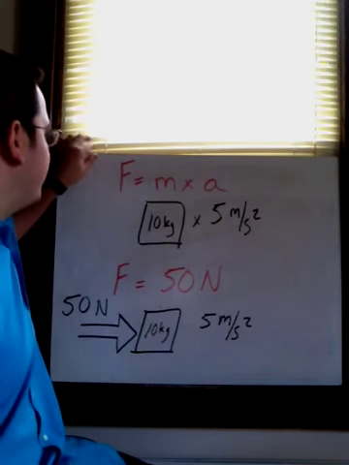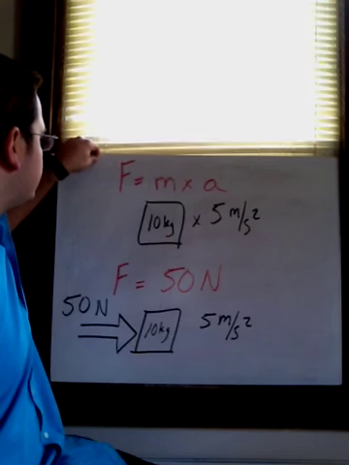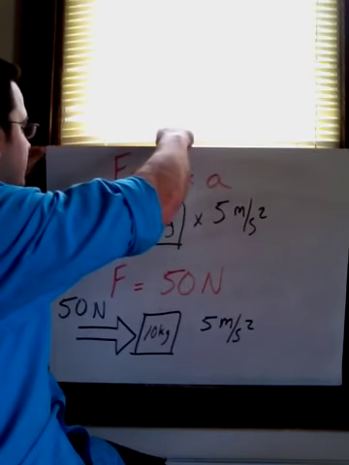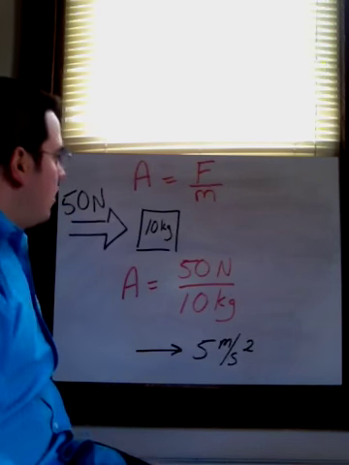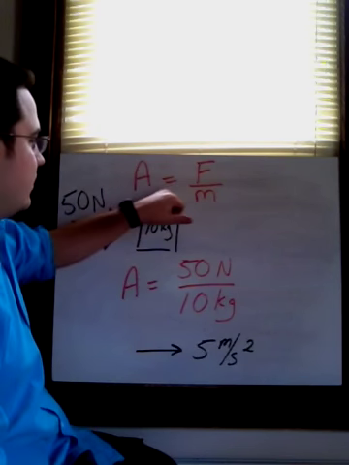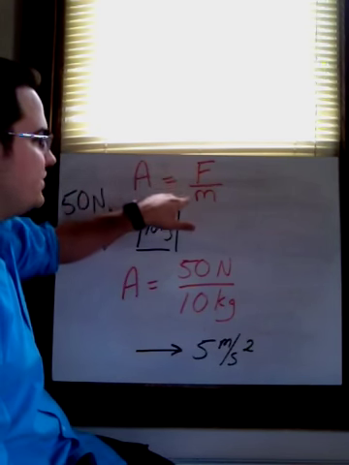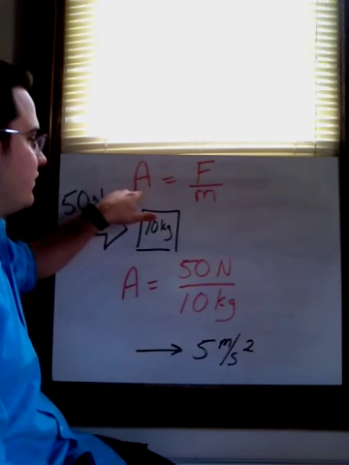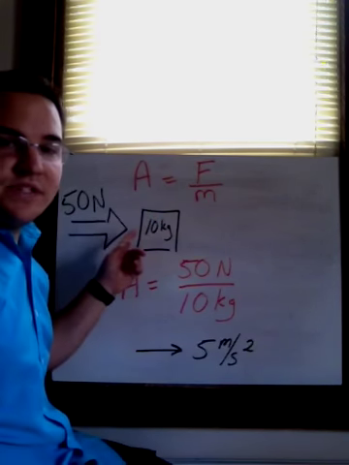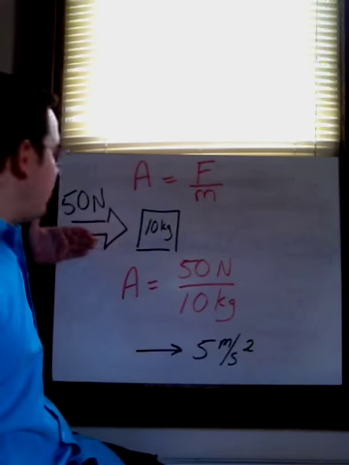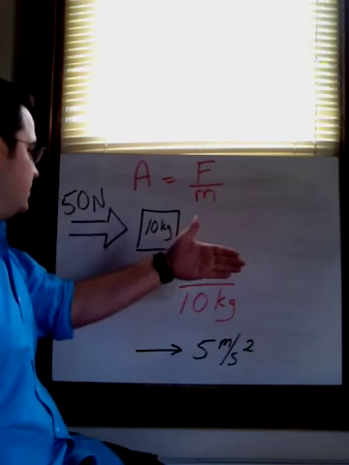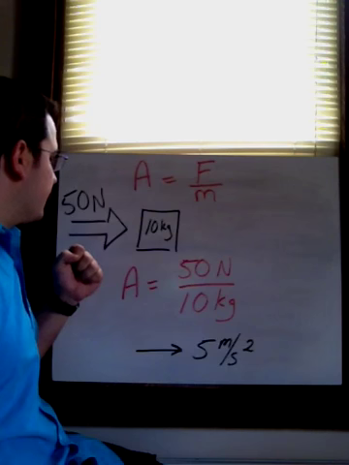That's one way to manipulate the formula. Another way to manipulate the formula is to solve for acceleration. All we do is put acceleration over to the side and we get force divided by mass. So again, we have a 10 kilogram mass, and we're applying a force of 50 newtons to the right.